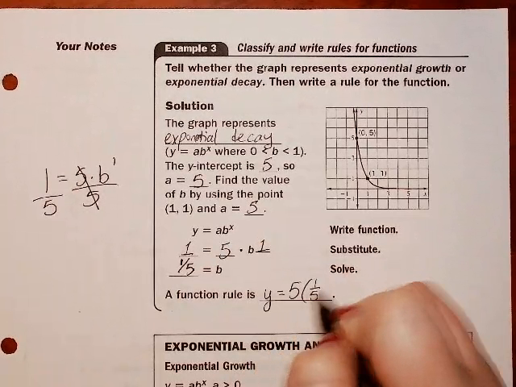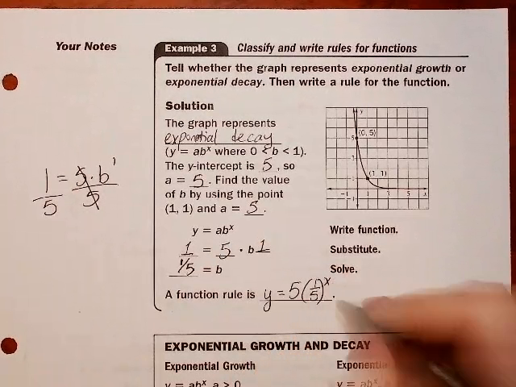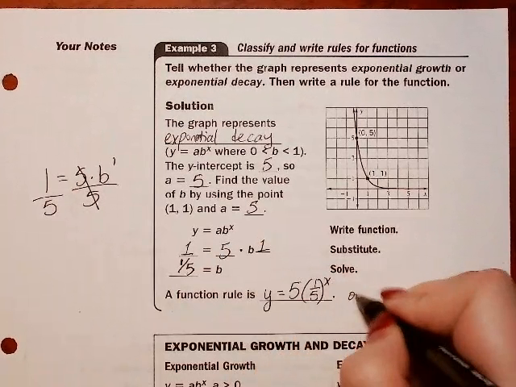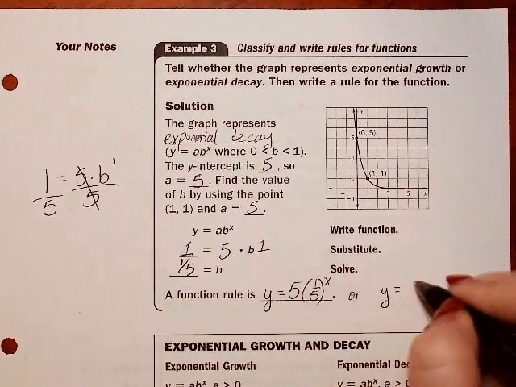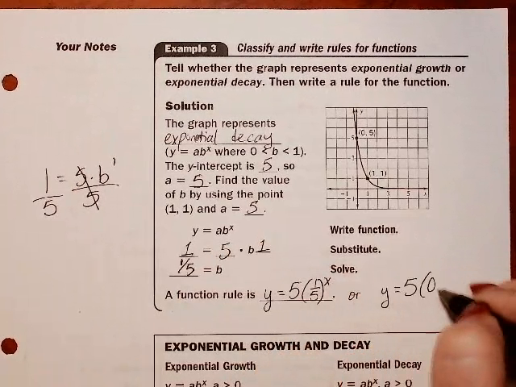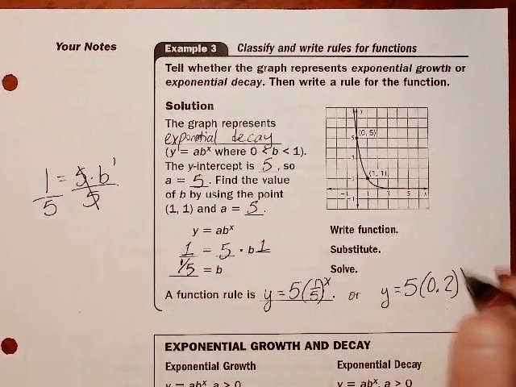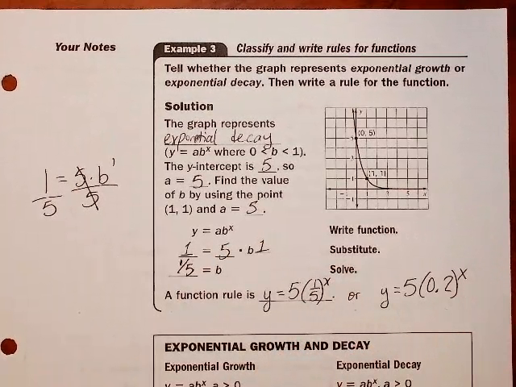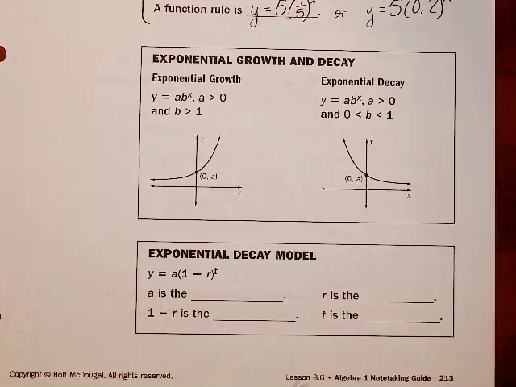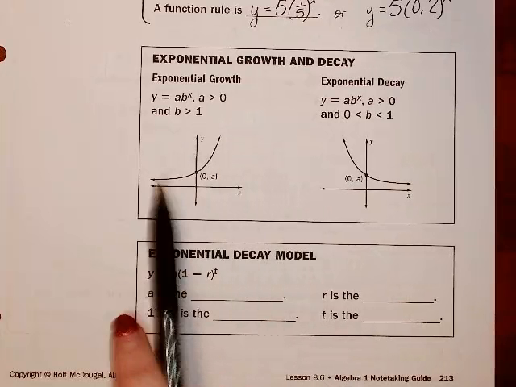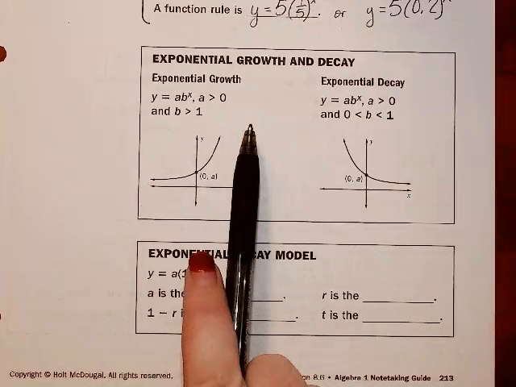Or if we want to use a decimal, y equals 5 times 0.2^x. Either one is acceptable. So our exponential growth and decay graphs look just like this. Exponential growth goes up from left to right, and exponential decay goes down from left to right.